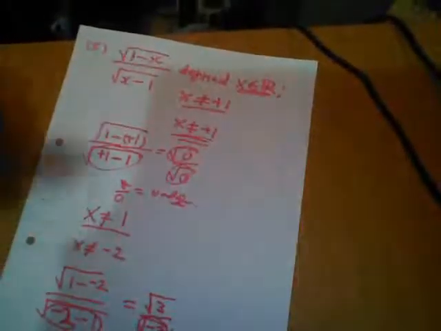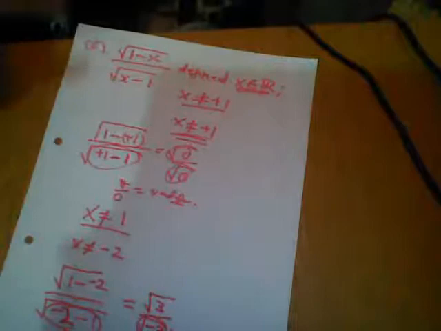So not only when x equals 1, most of the negative numbers are not going to work here. So in that case, this function won't be defined. I'll say that x should not be equal to 1.